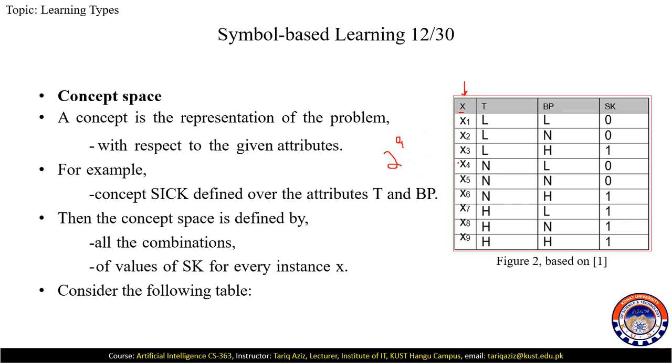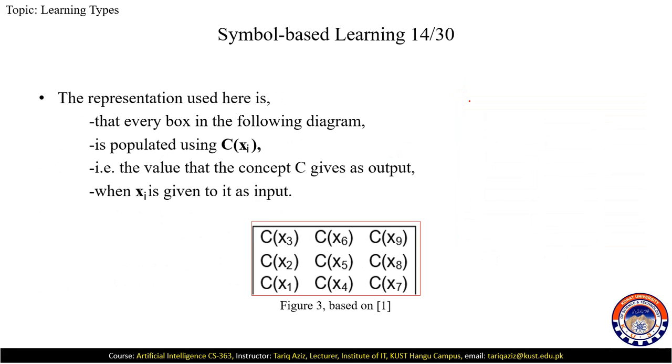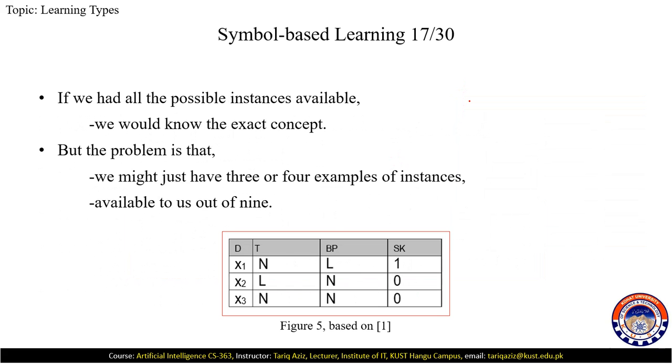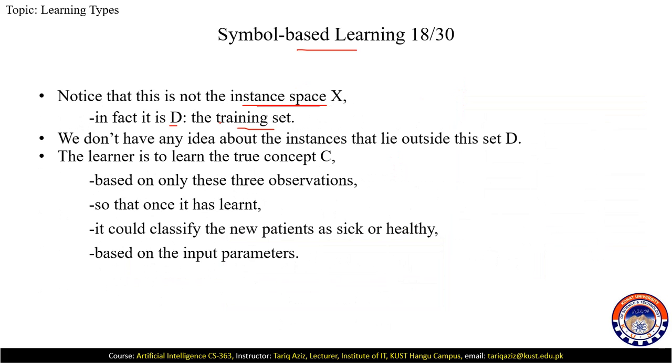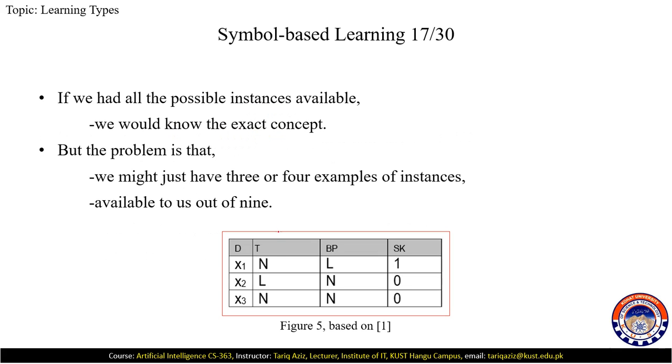But it's not always possible in the real world that we will have all this instance space X. Instead, we have the training data set, which we denote by D, and we will have a limited instance space. In this case we have x1, x2 and x3.